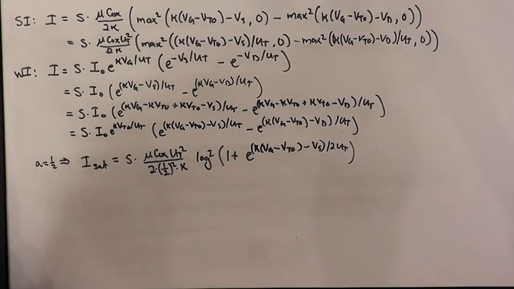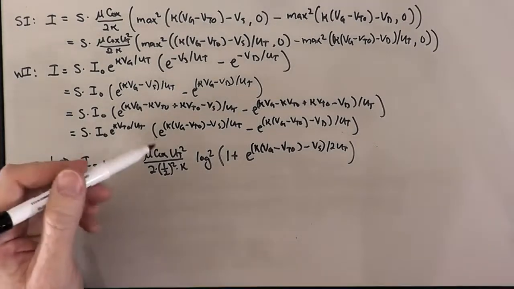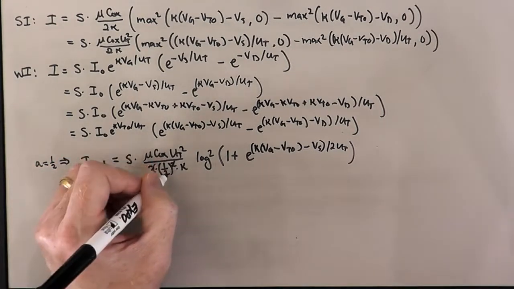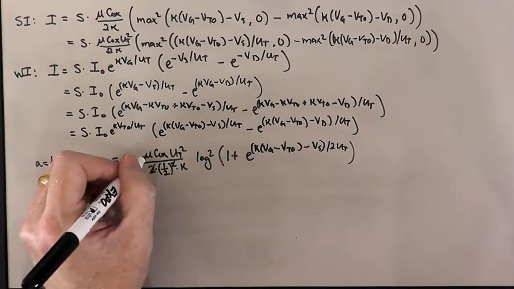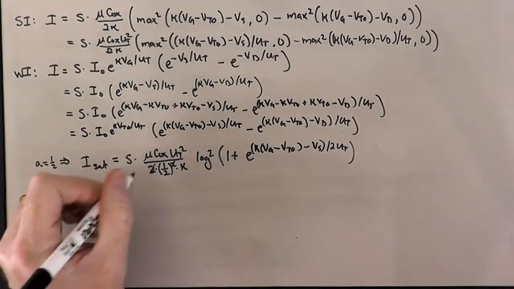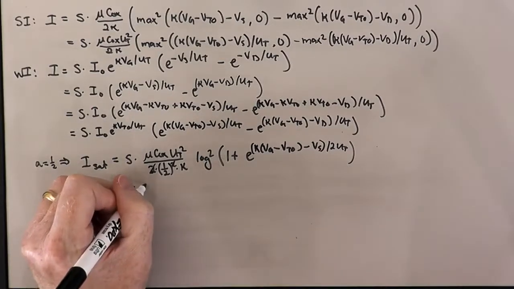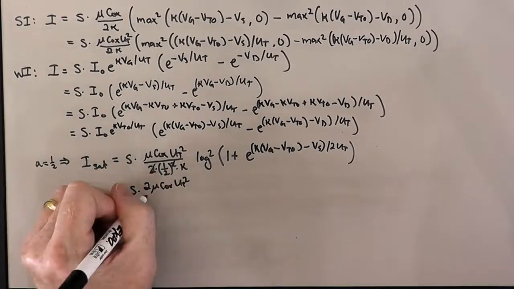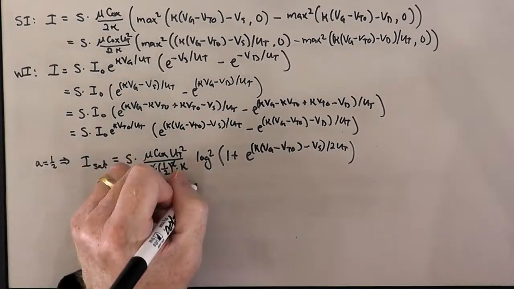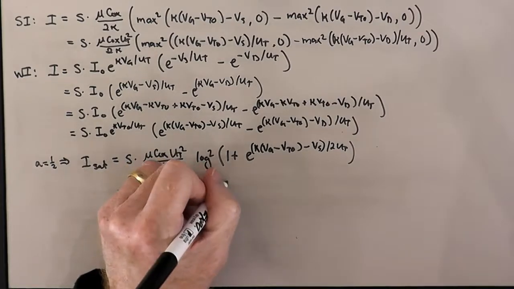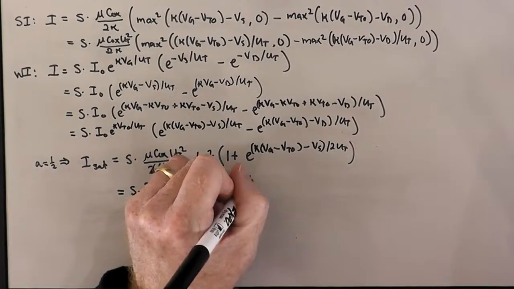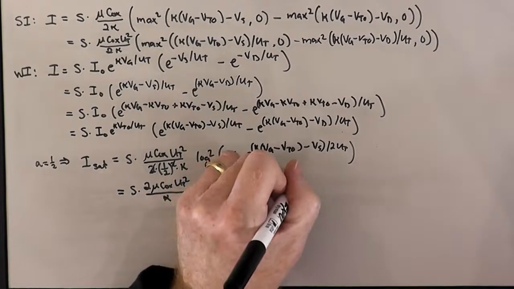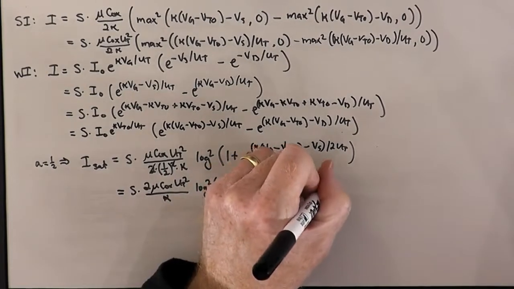And so this 2 will cancel with one of these halves here, and that'll make the 2 pop upstairs. So this is equal to S times 2 mu Cox Ut squared over kappa times the log squared of 1 plus e to the kappa Vg minus Vt0 minus Vs over 2Ut.